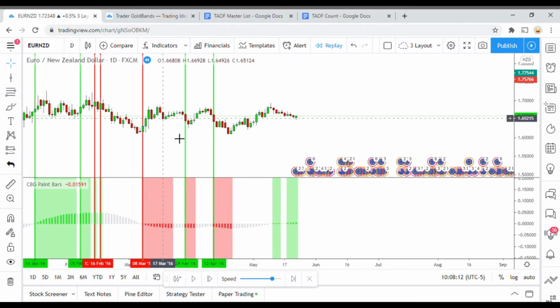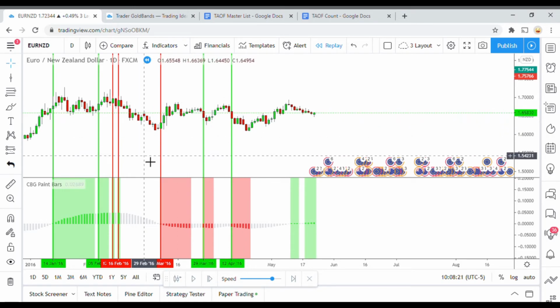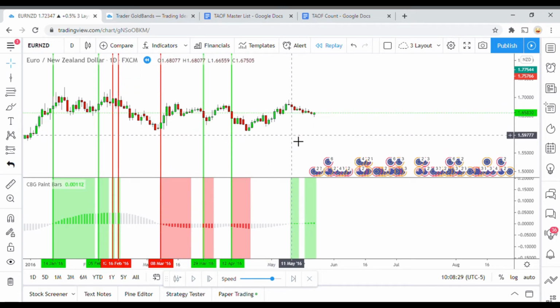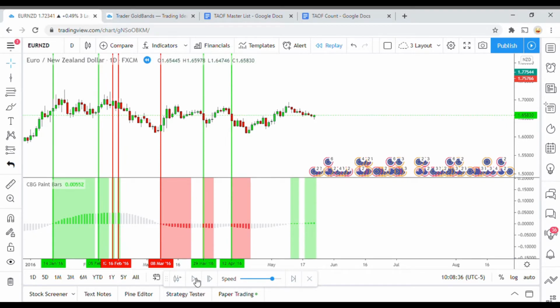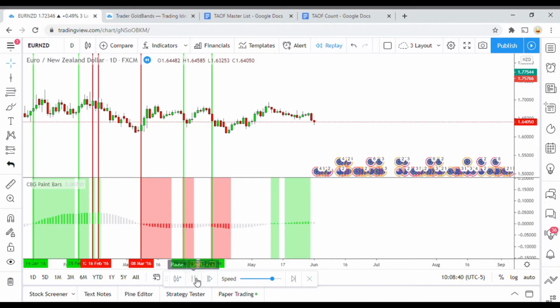Seems to be doing pretty good in a ranging market. This isn't extremely tight consolidation here, but it's definitely consolidation. And even though it took a couple losses here, they definitely had the ability of possibly being wins with a few minor tweaks.